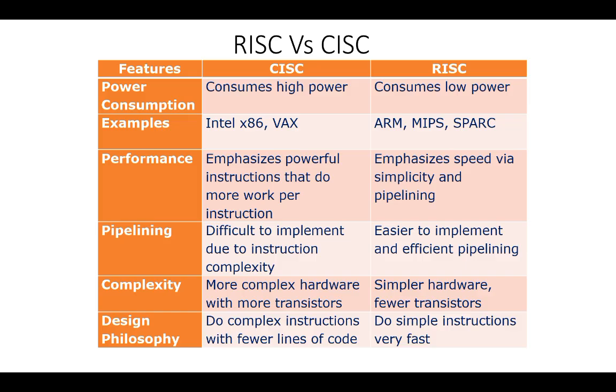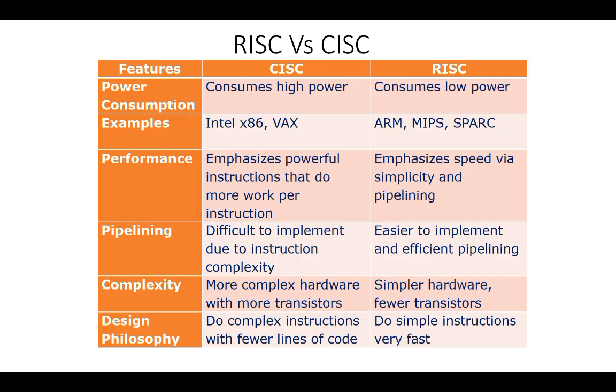Pipelining is difficult to implement in CISC due to instruction complexity, while RISC is easier and efficient for pipelining. CISC hardware is more complex with a larger number of transistors, while RISC has simpler hardware and fewer transistors.